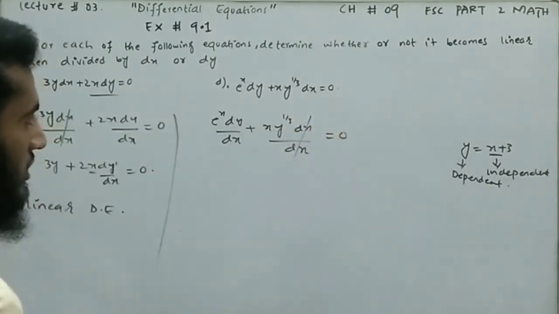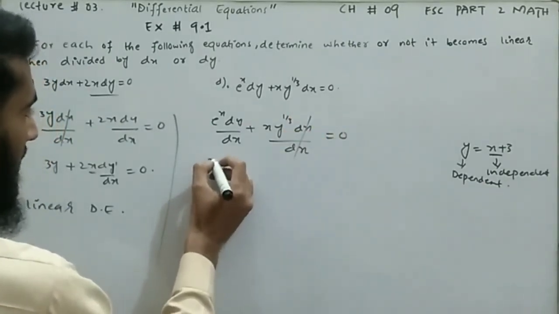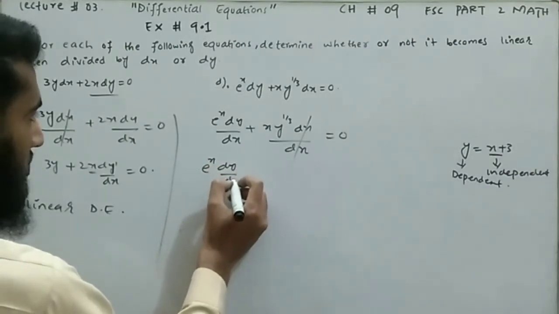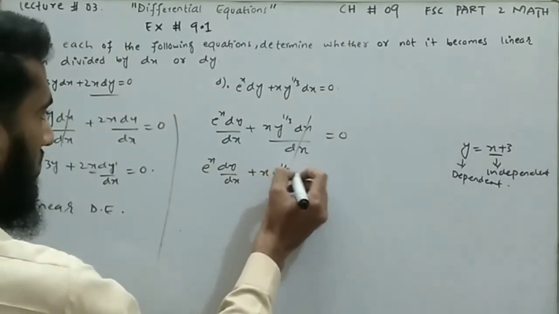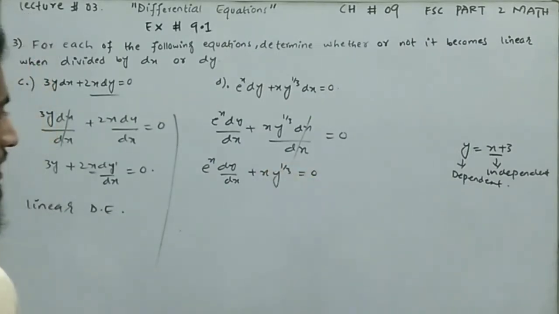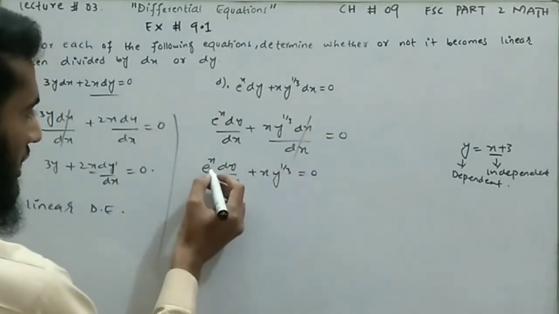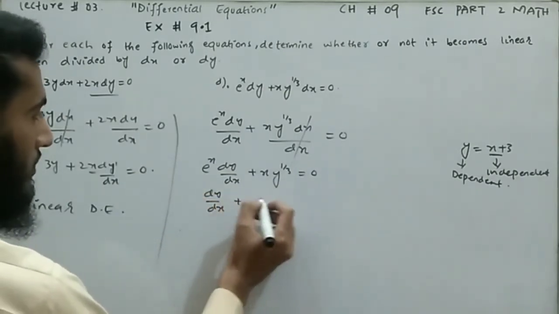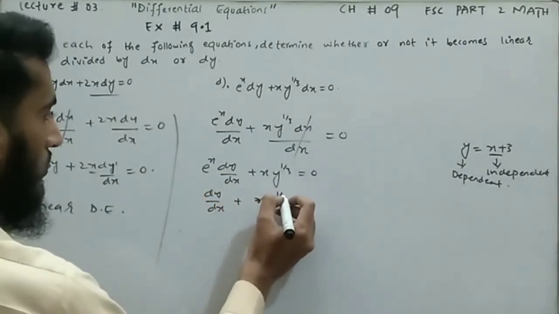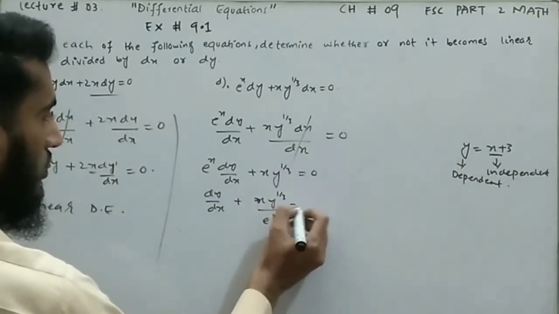These cancel with each other. We are left with e power x into dy over dx plus x y power 1 over 3 is equal to 0. Divide the whole differential equation with e power x, so it becomes dy by dx and x y power 1 over 3 divided with e power x is equal to 0.